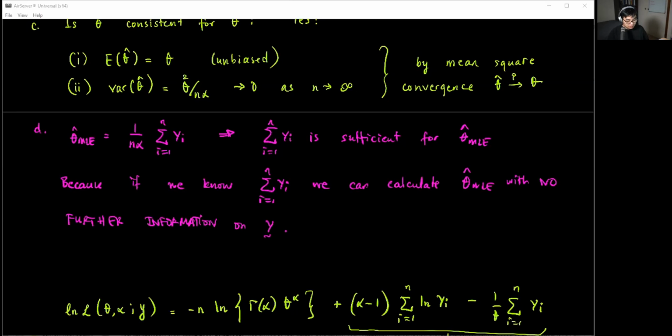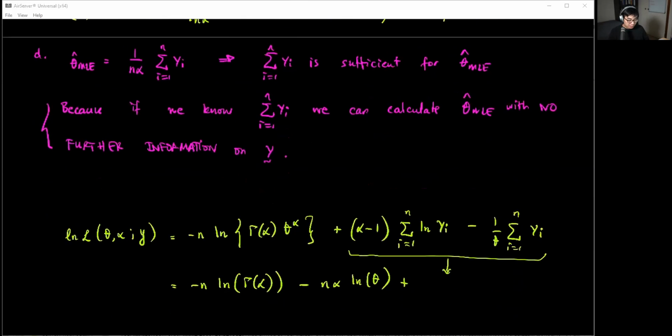This right here, that's the definition of sufficient. And just look at the formula of this guy. I think it's fairly clear that the sum of y is sufficient, right? Because if you know the sum of y, you can calculate that maximum likelihood estimator without knowing anything else at all. So intuitively, before we even use factorization on the likelihood, that is going to be sufficient. All right.